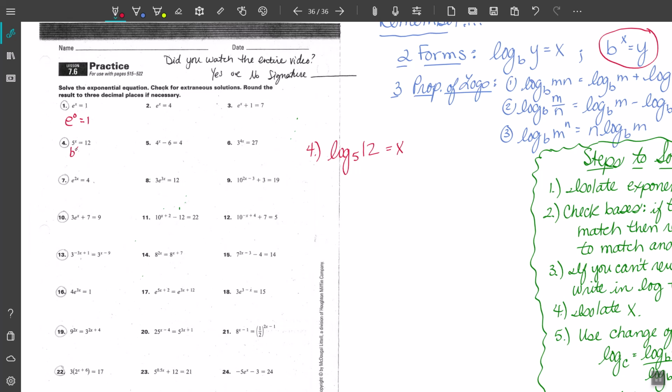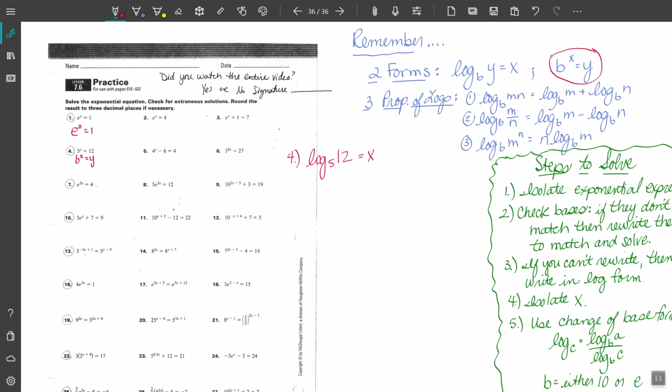You can write the form underneath the original problem, and then it becomes a little easier to see that your b is 5 and your y is 12. And it kind of helps you then to move the numbers around correctly to get it into logarithmic form. All right, so that's why my base here is 5. I put in 12 for y, and we're saying that whole thing equal to x. So I'm just following the form and taking it from exponential to logarithmic.